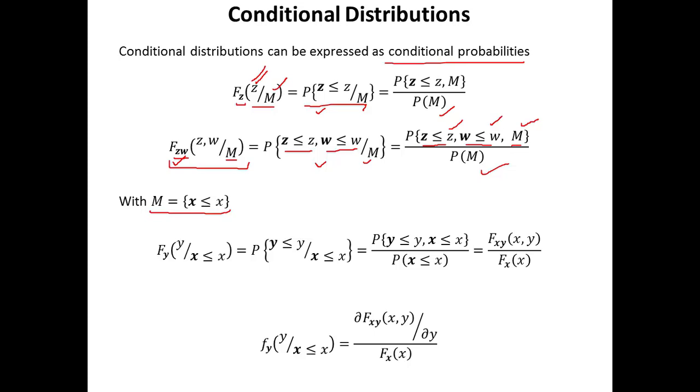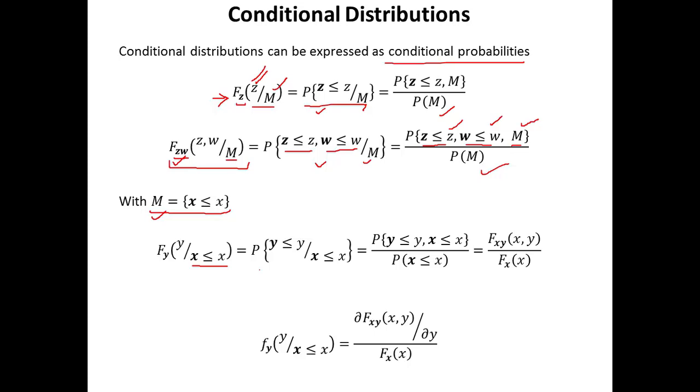If we substitute this M in the conditional distribution, and consider Z equal to Y, then we get F of y given M, which is now given as X less than or equal to x.